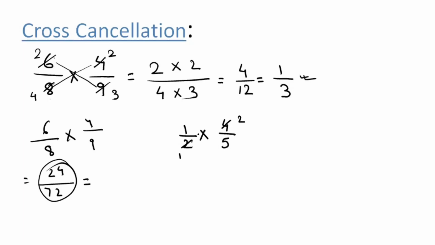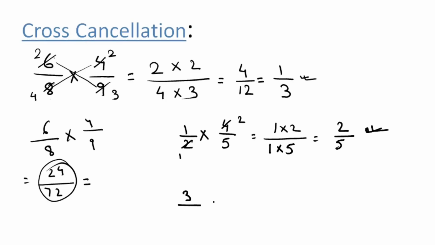Can we do it? No, we can't find any common factor which can divide both 1 and 5. So we can do only this one. So it will become 1 times 2 over 1 times 5. It will be 2 over 5. We got our answer.